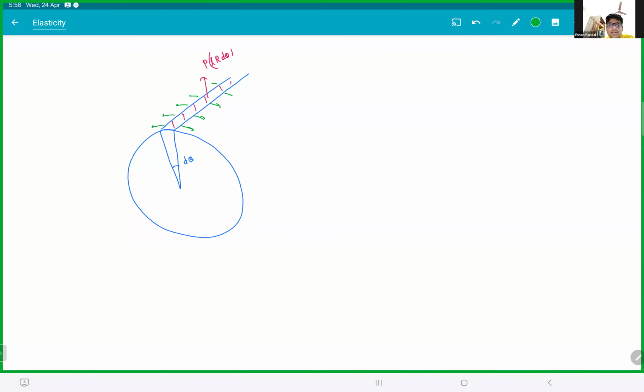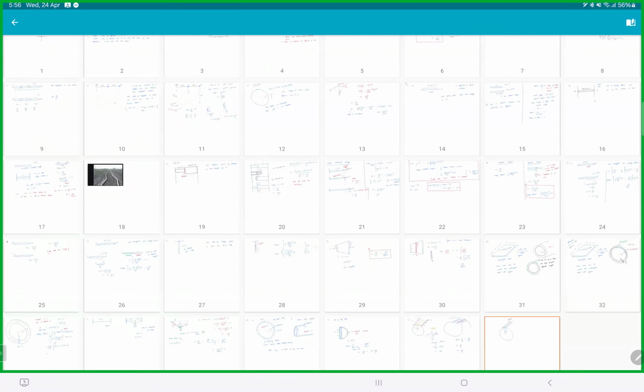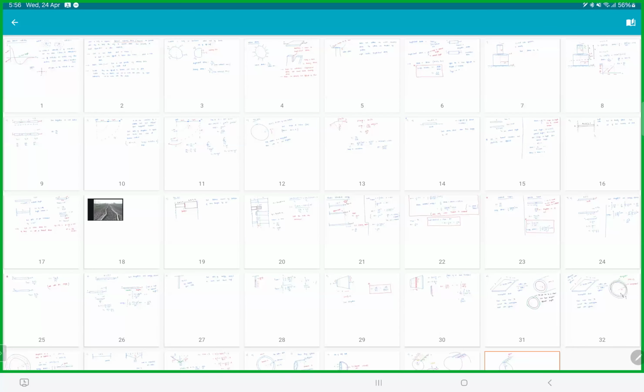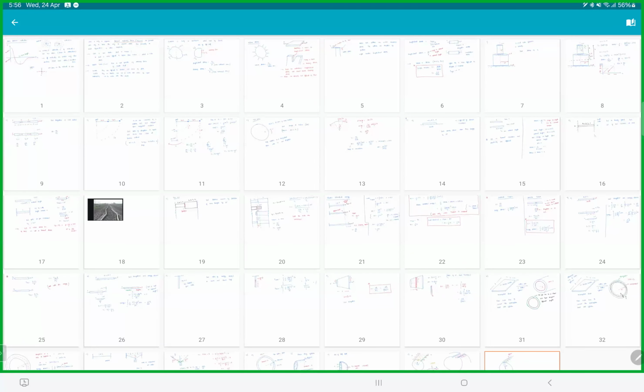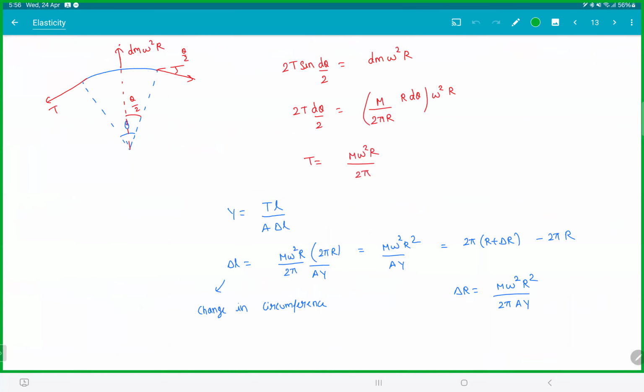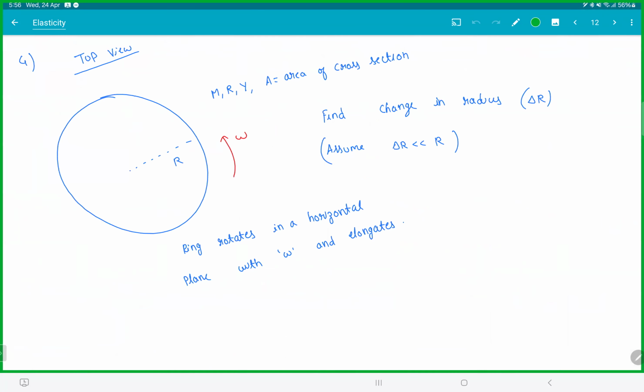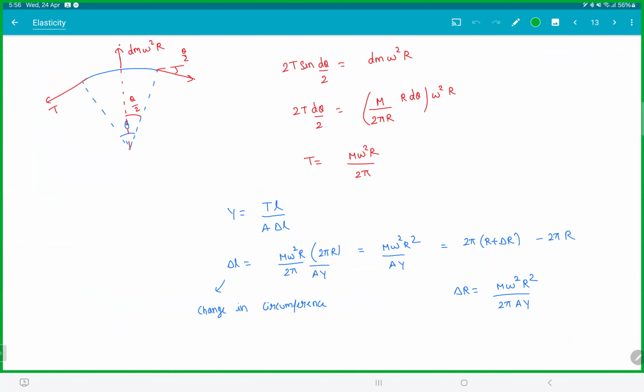God, you guys all forgot? How did you do that question? Where is that? This question, how did you take elements here? Take a small arc, we took this tension 2T sine d theta by 2 is equal to dm omega square r.